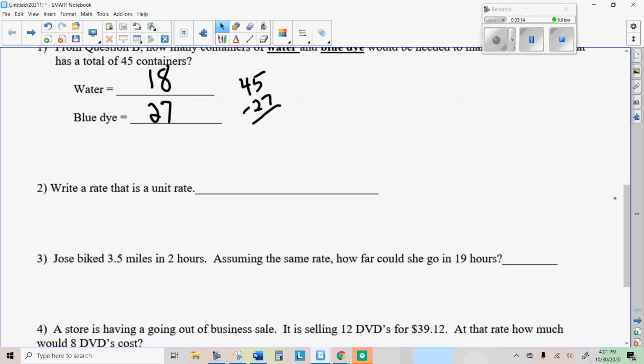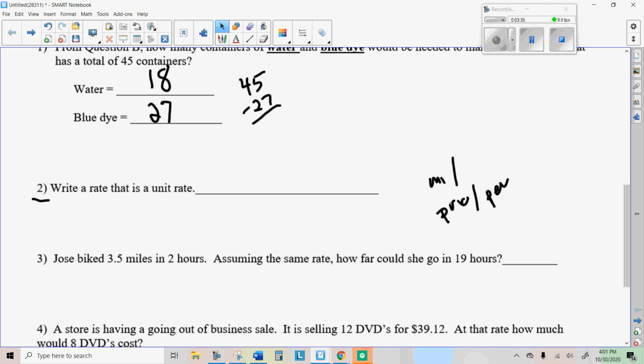All right, number 2 says write a rate that is a unit rate. A unit rate measures one of something, like miles per 1 hour, or price for one person, price per person.